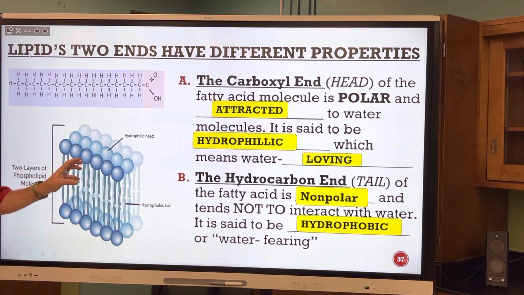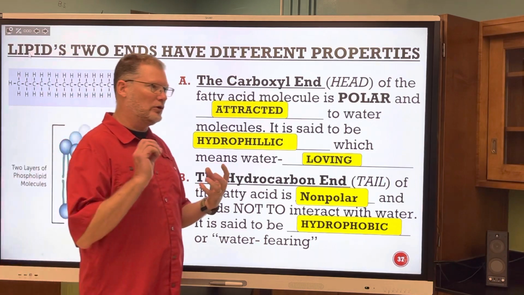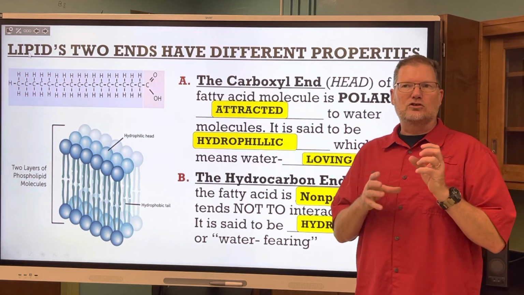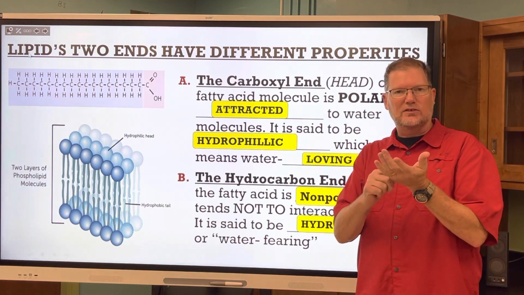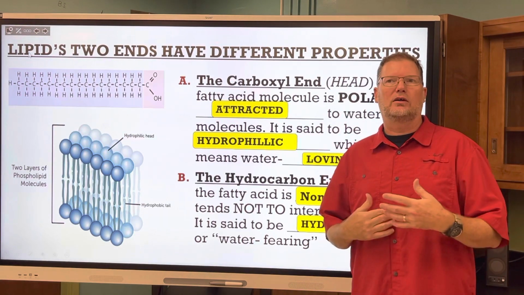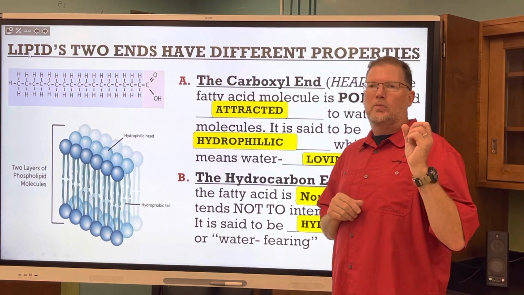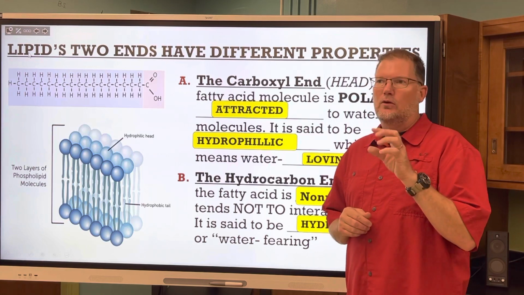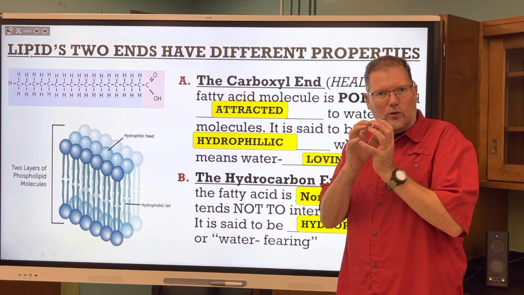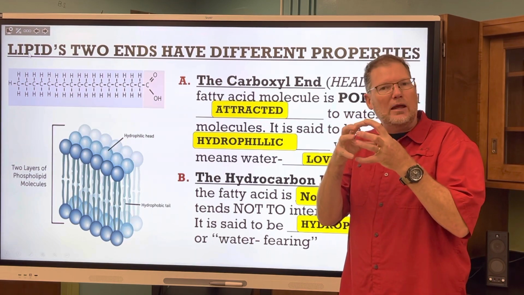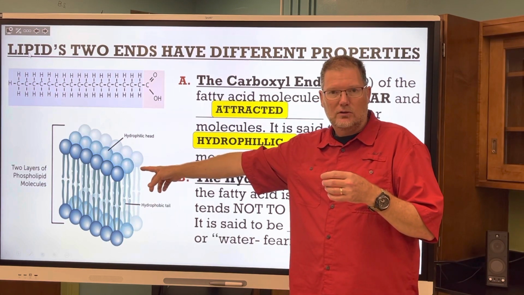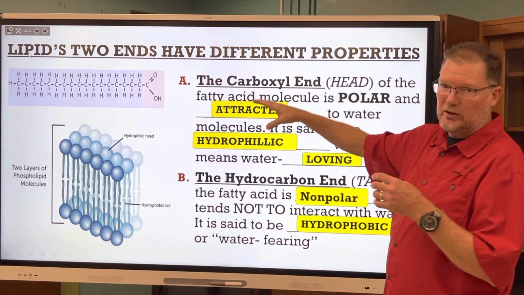So this is what happens in a cell. We're going to learn a lot more about this when we learn about cellular biology, but imagine one cell of your body, just one of these skin cells, or a brain cell, or a cell in your stomach, whatever, okay? It's one of your cells. Well, that cell is like a round little blob, right? What makes it this shape are these tails and heads, these lipids.